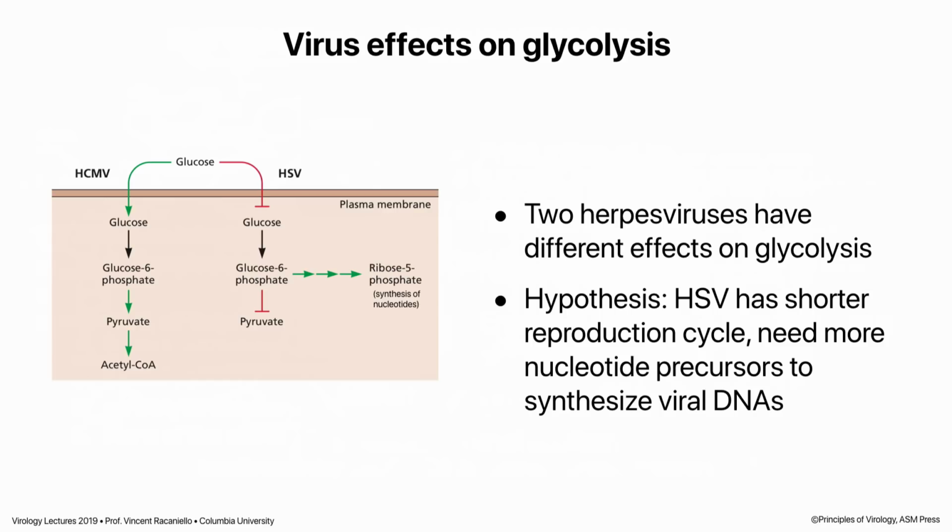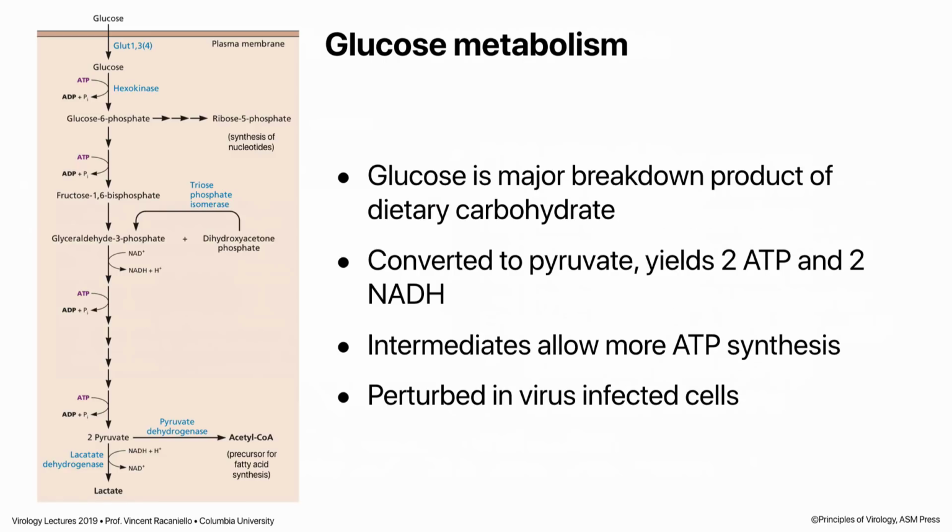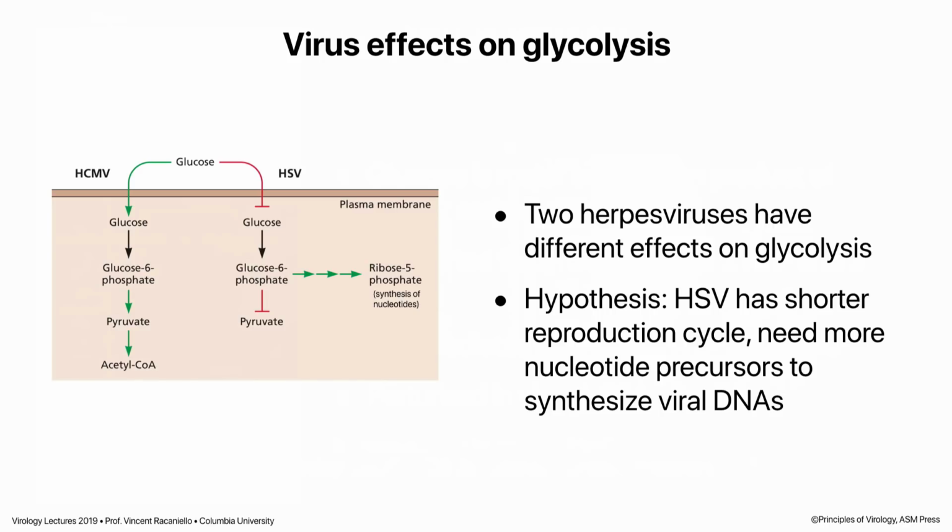And what that does, it inhibits the production of pyruvate, and you get a shunting of existing glucose 6-phosphate in the cell to the ribose 5-phosphate pathway. That is a shunt that is used to synthesize nucleotides, the precursors for nucleic acids. In the overall scheme of glucose metabolism, you can see the shunt there from glucose 6-phosphate to ribose, et cetera, and it goes off and you make nucleotides from it. So herpes wants that to happen.